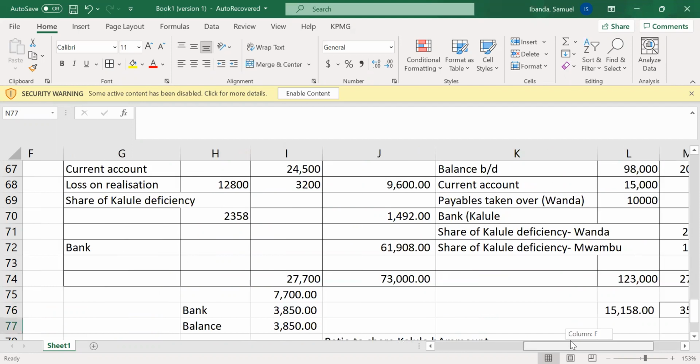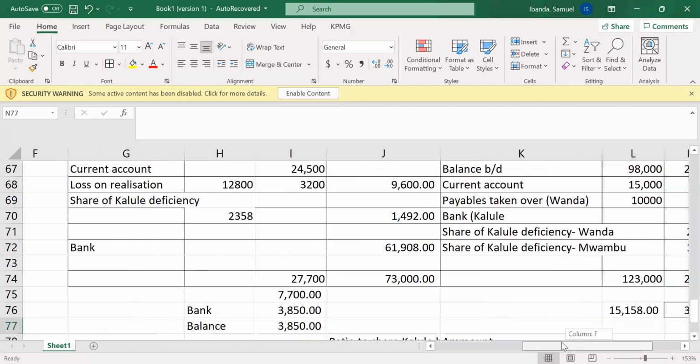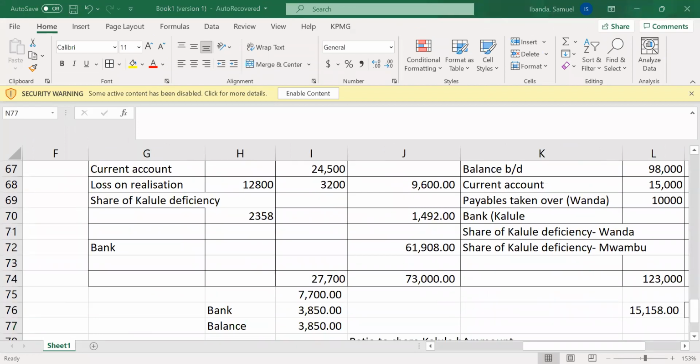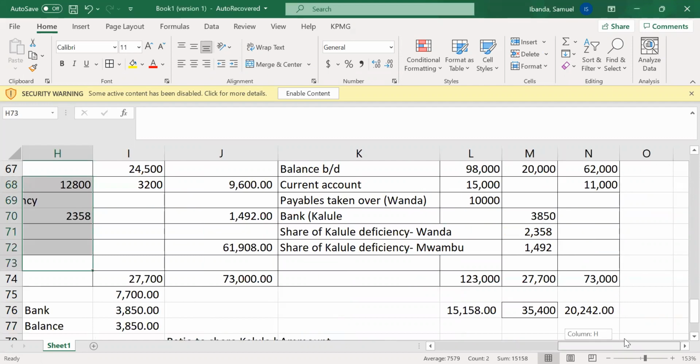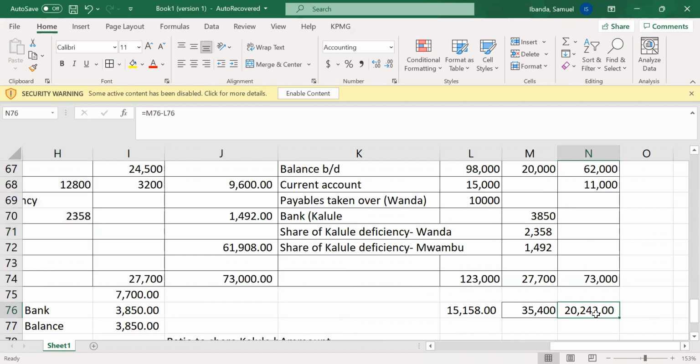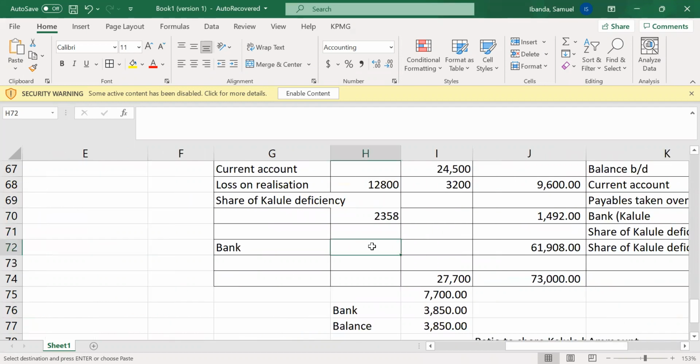Have I added up rightly? You tell me if you're getting something similar on your calculator.